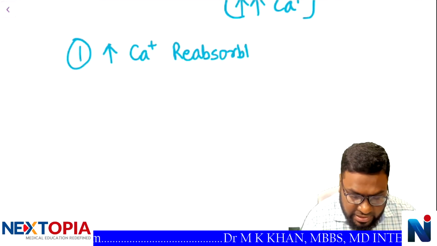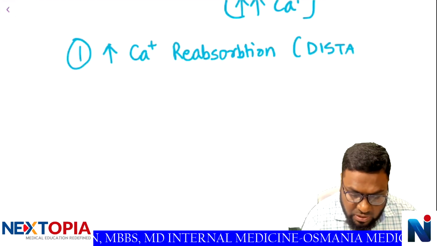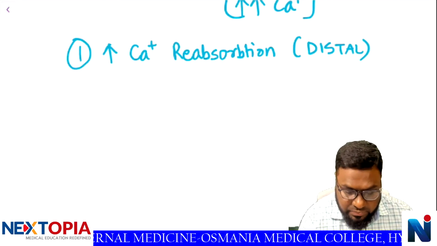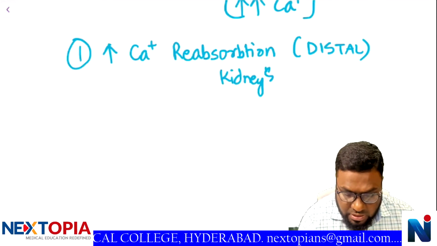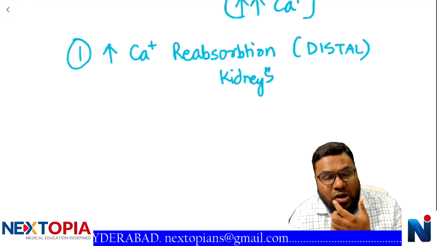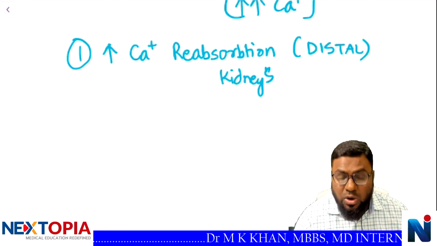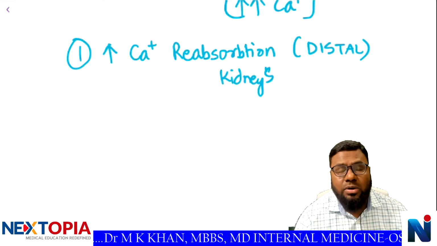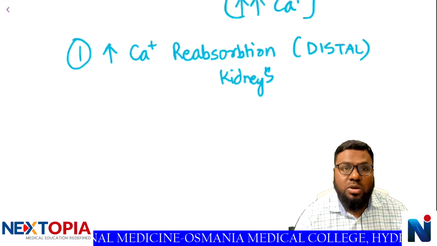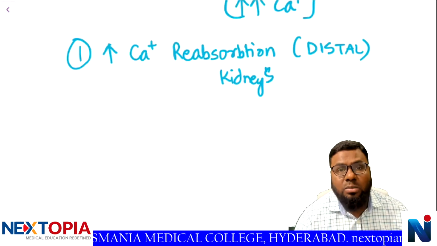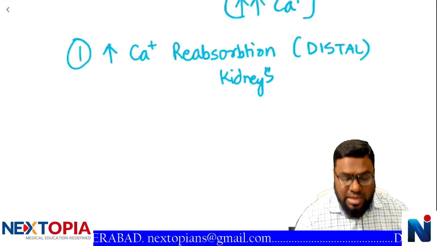It acts on the distal convoluted tubules of the kidneys. It prevents the excretion and increases the reabsorption of calcium. Calcium reabsorption is a very important function of the distal convoluted tubule of the kidney.